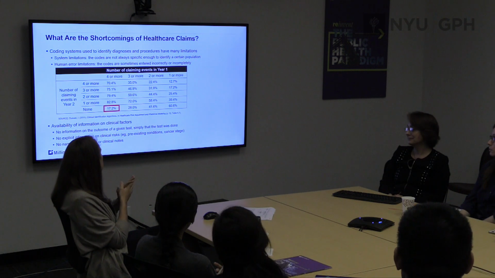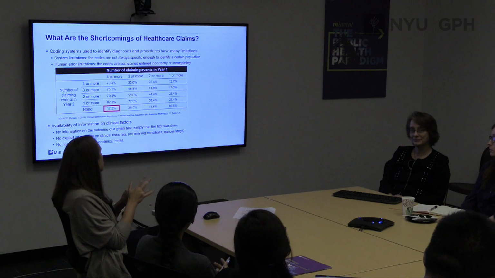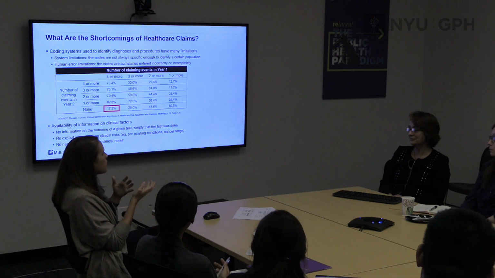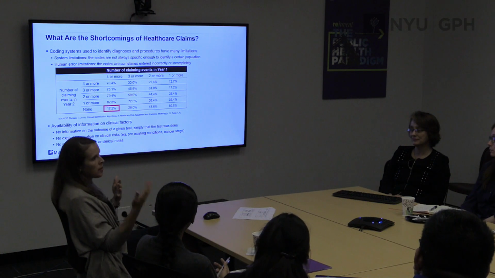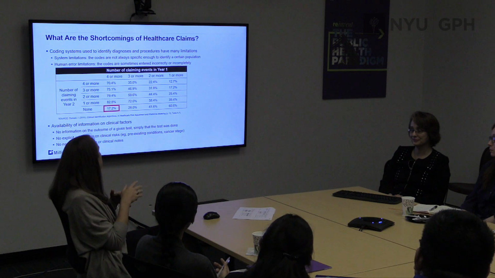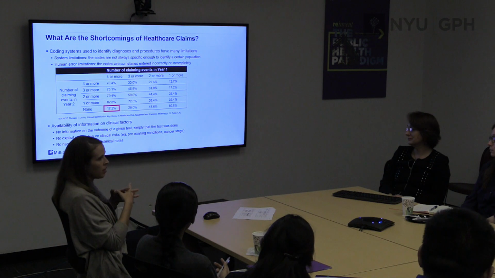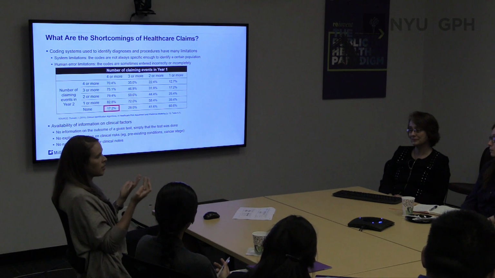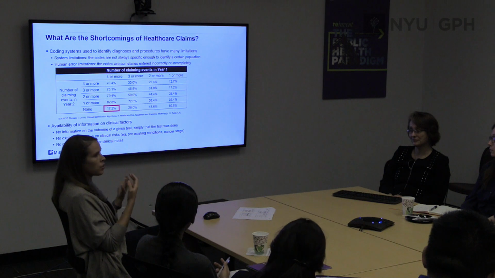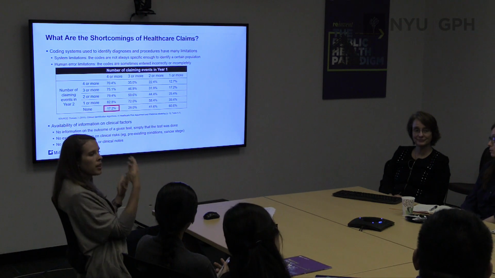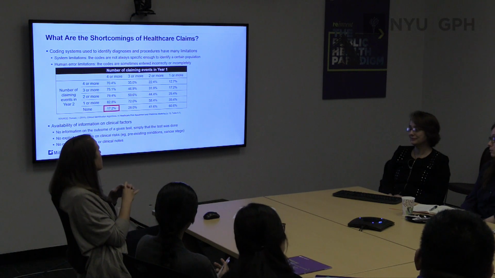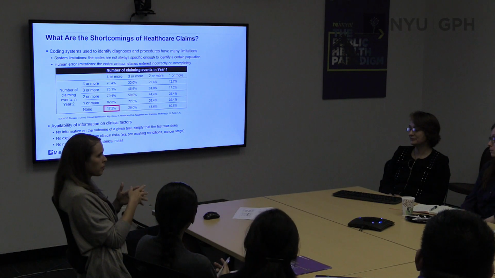So that's the first limitation we have: coding systems that are used to identify both diagnosis and procedures have system limitations. We talked about this already. The codes might not be specific enough to identify something. So for example, prostate cancer is a condition that's of interest right now. Lots of men are being diagnosed with prostate cancer because of PSA testing, but not all of them necessarily need treatment.